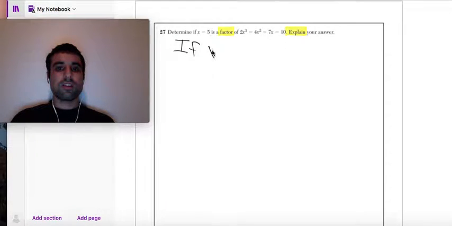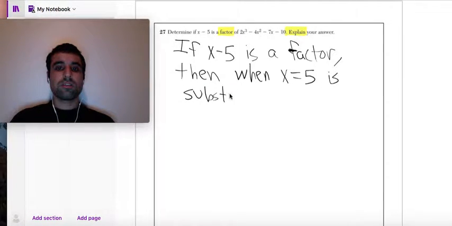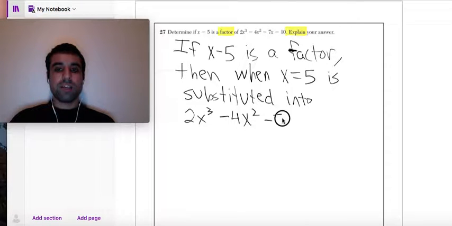then when x equals 5 is substituted into the polynomial 2x cubed minus 4x squared minus 7x minus 10, you should end up with a value of 0.